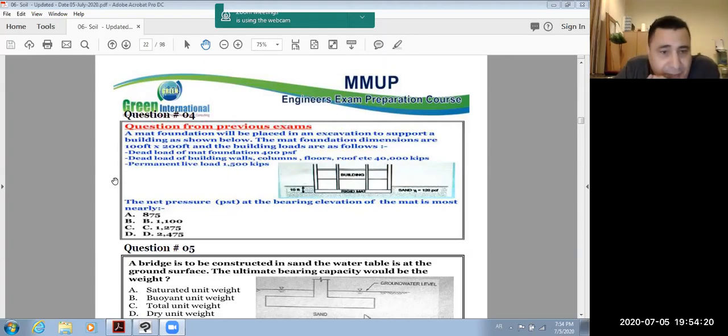A permanent live load, we have live load for sure. The live load is equal to 1,500 kips. Is this load or pressure? This is a load. So the net pressure, see the spelling. I already copy-pasted this from the previous exam.